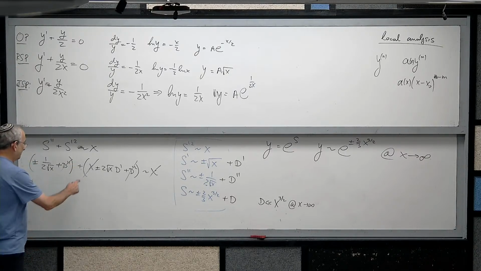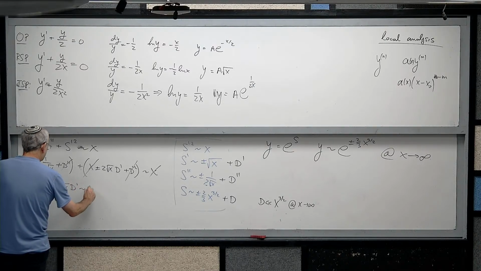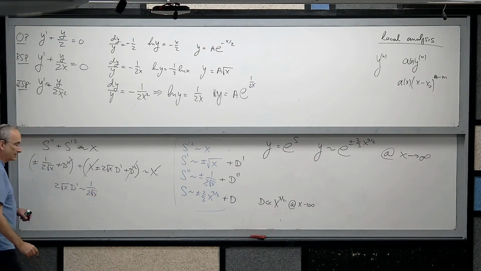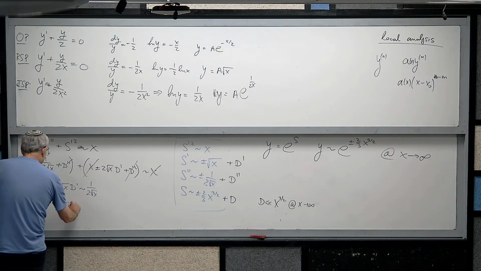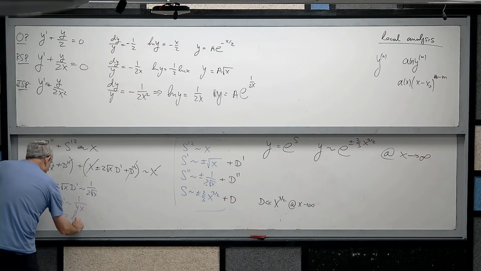All in all, what we find for D is that, note that plus minus are the same. So 2 square root of x D prime is asymptotic to 1 over 2 square root of x as x goes to infinity, which implies that D prime is going like 1 over 4x, which implies that D is 1/4 of ln x.